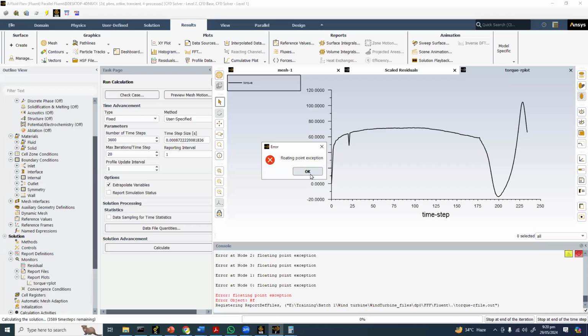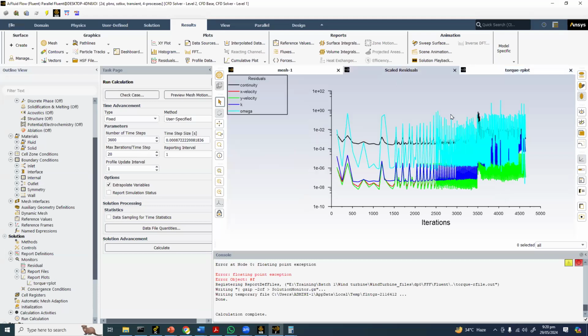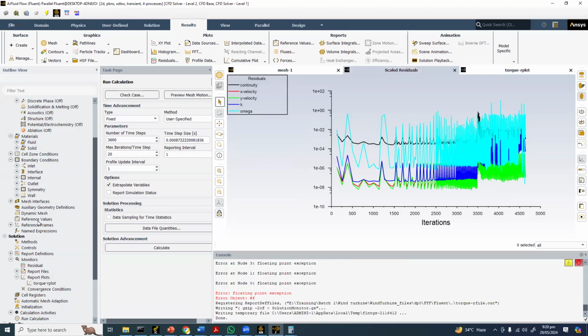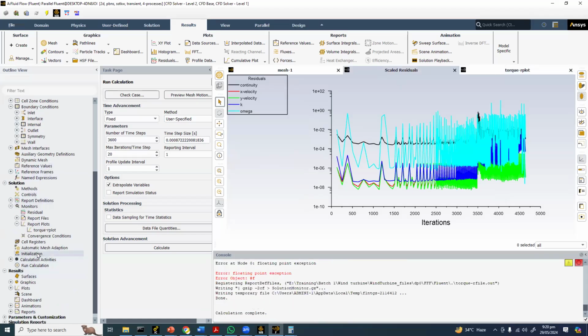Solution diverged. I don't know why the solution diverged here. Let's start again, so I will initialize again.